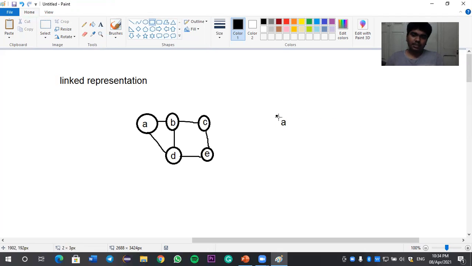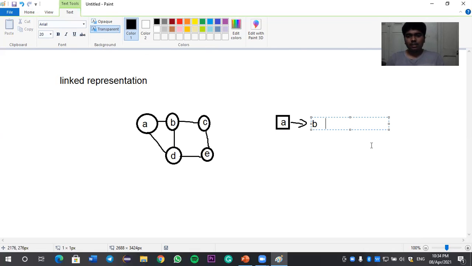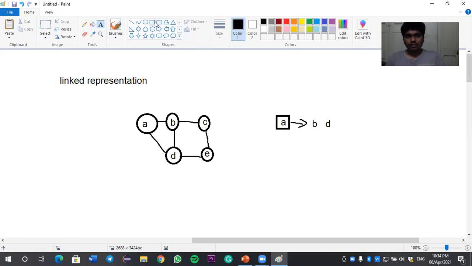A can be represented like this, and then we represent it with an arrow, and we have a chance for traveling to B and then D. We can represent each one this way. So this is the basic thing for an undirected graph.